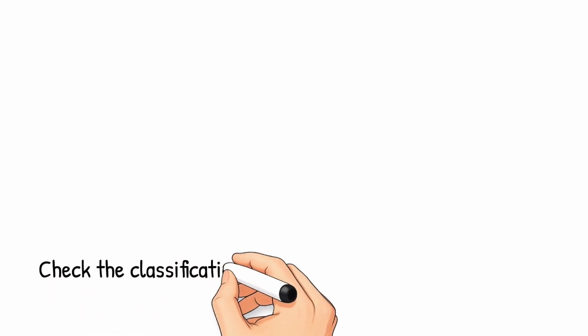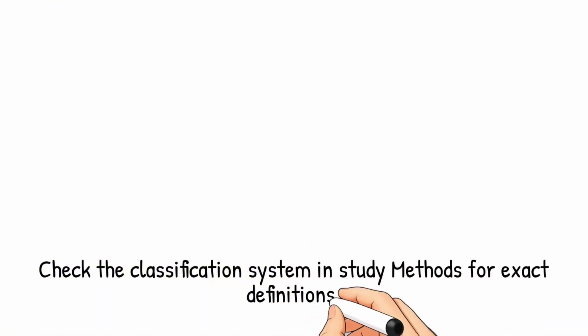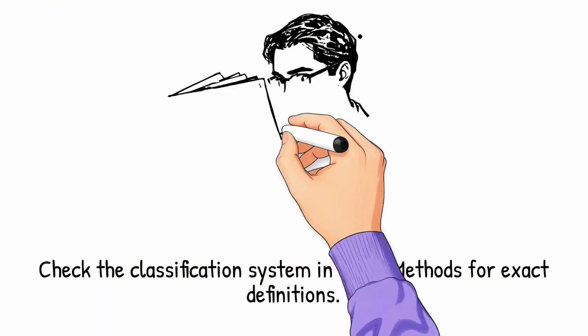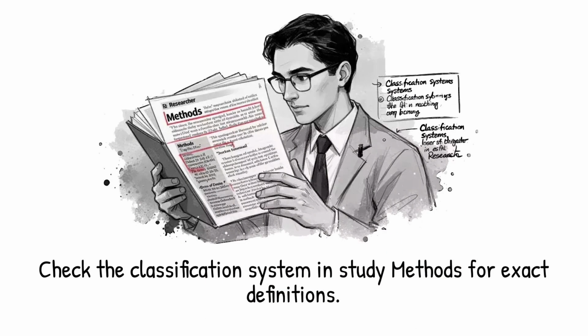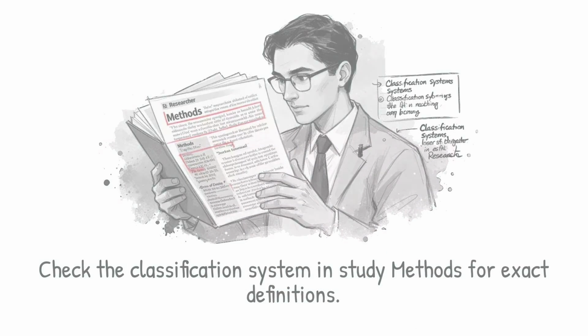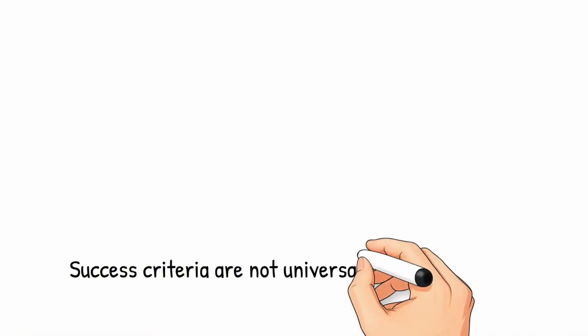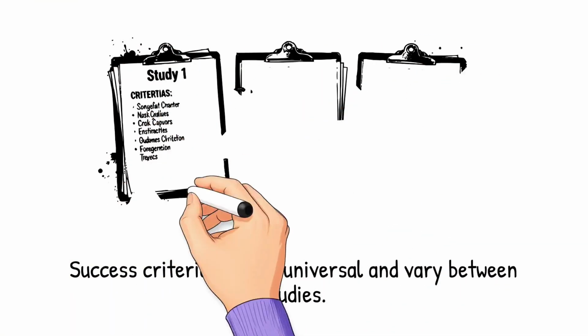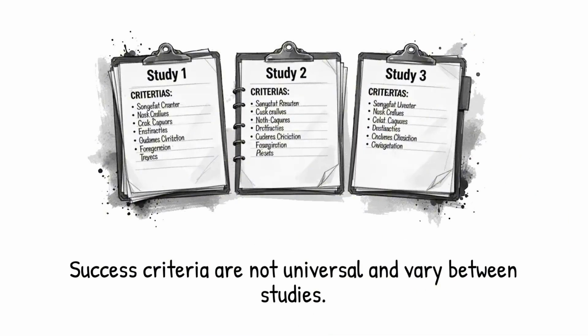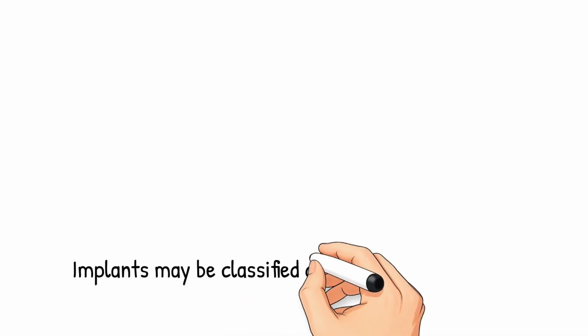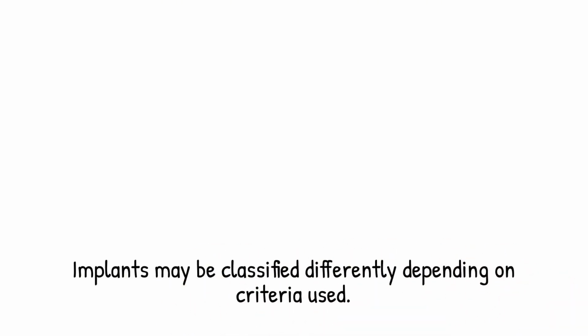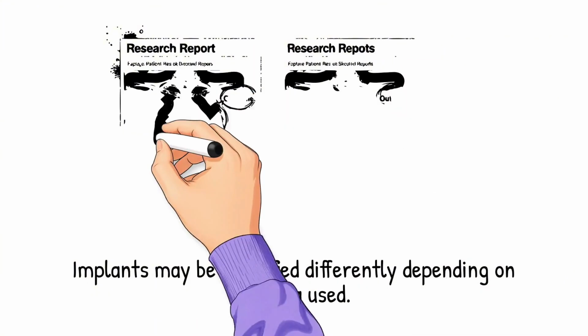When you read a study reporting outcomes over time, find the classification system in the methods. What exactly counted as success? What counted as survival? And what counted as failure? Because success criteria are not universal. One study may define success as implant stability with less than 1 millimeter of bone loss. Another may allow 1.5 millimeters. A third may include patient satisfaction. The same implant could be classified as successful in one study and only surviving in another, depending on the criteria used.